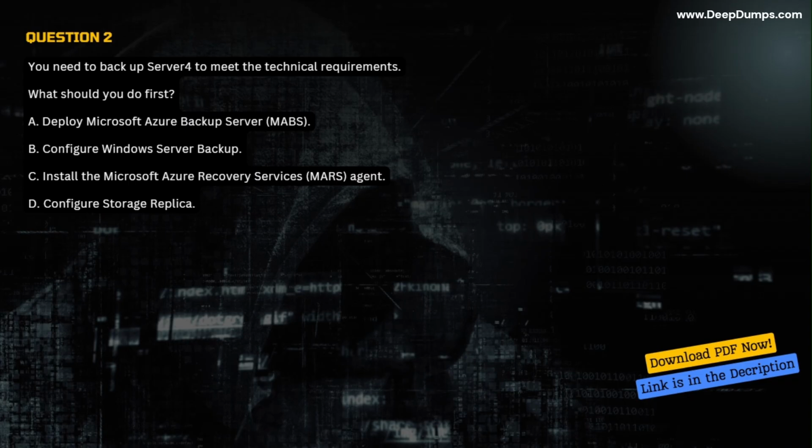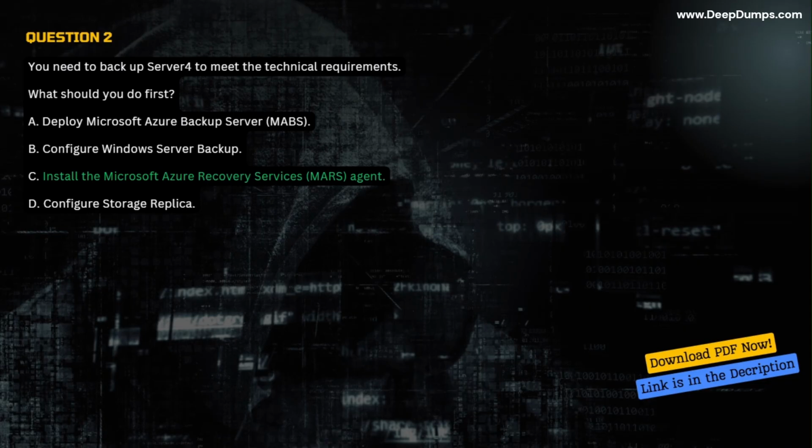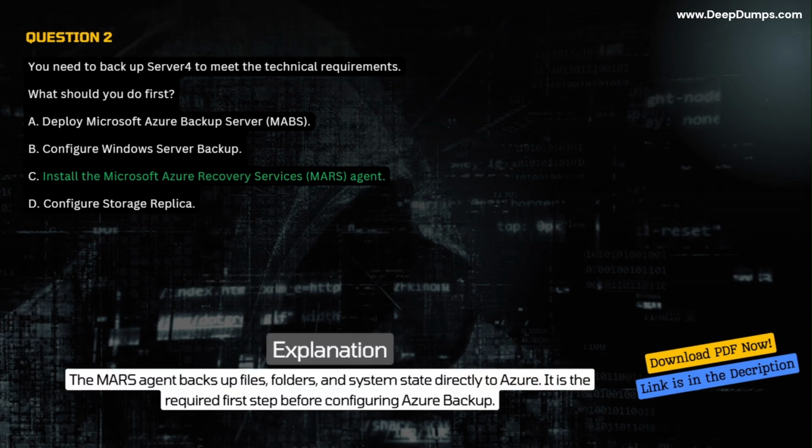D. Configure Storage Replica. Correct answer, C. Install the Microsoft Azure Recovery Services (MARS) agent. Explanation. The MARS agent backs up files, folders, and system state directly to Azure. It is the required first step before configuring Azure Backup.